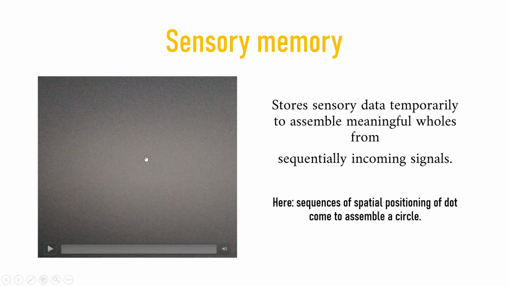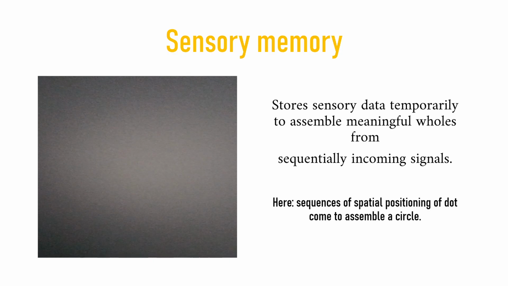So I'm going to play this 5-second video, and I want you to look at how the dot is moving, and you sort of see a circle, or it's more of an oval, but let's say it's a circle.